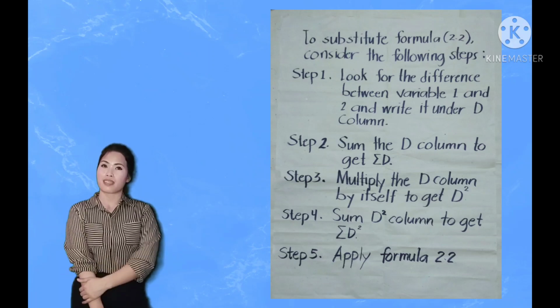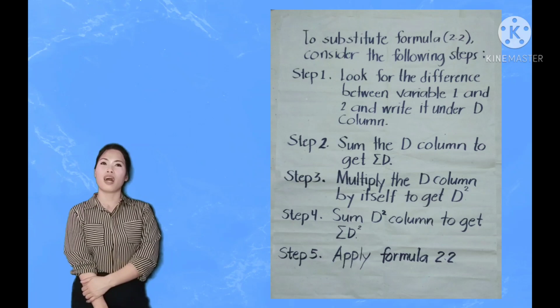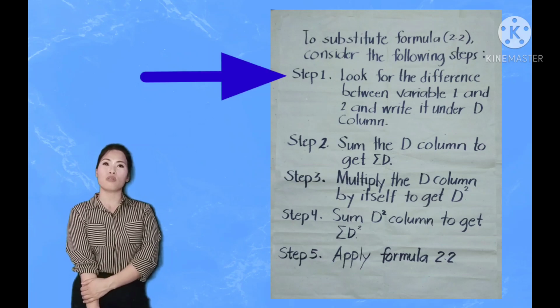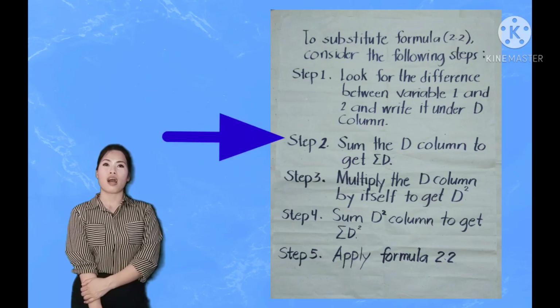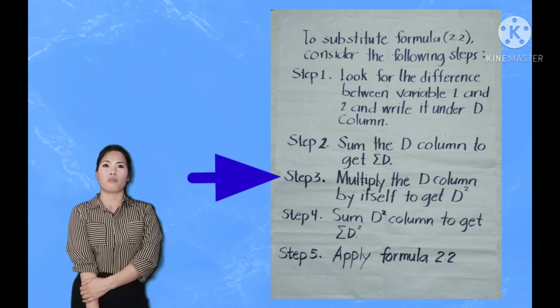in solving the t-test. Step 1 is to look for the difference between variable 1 and variable 2 and write it under the d column. Step 2, we sum the d column to get the summation of d. Step 3 is to multiply the d column by itself to get d squared.